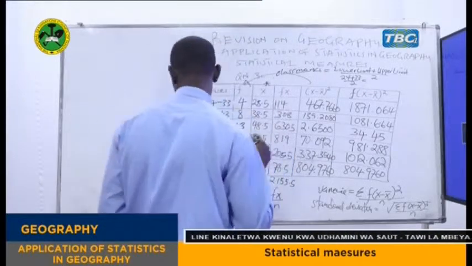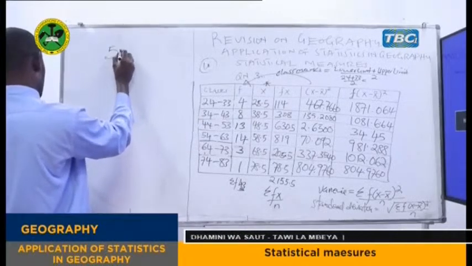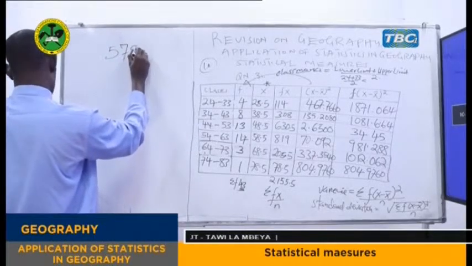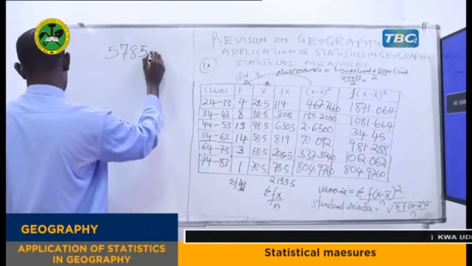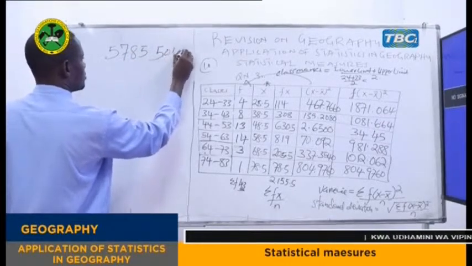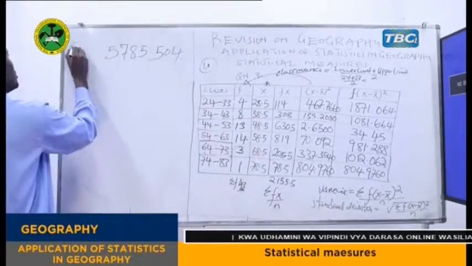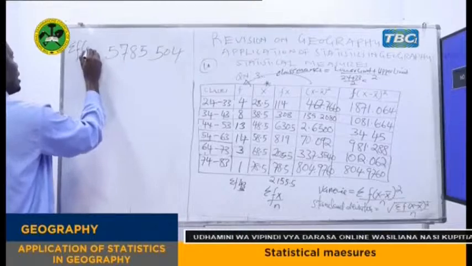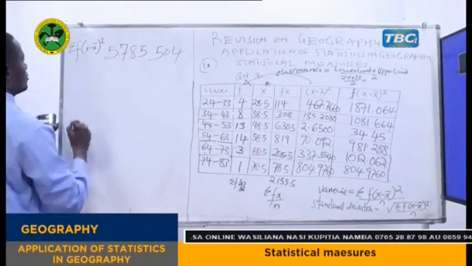Then we come up with the total of it will be 5759.504. So this is the summation of f(x minus x bar) squared.